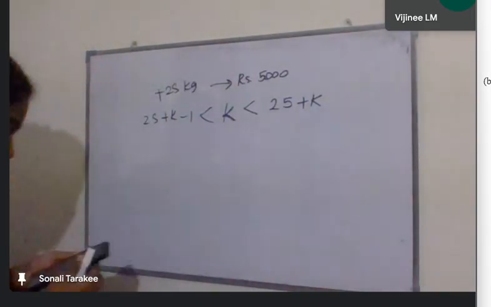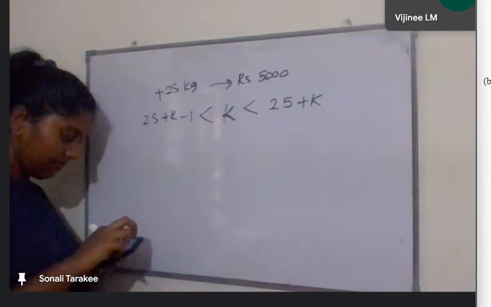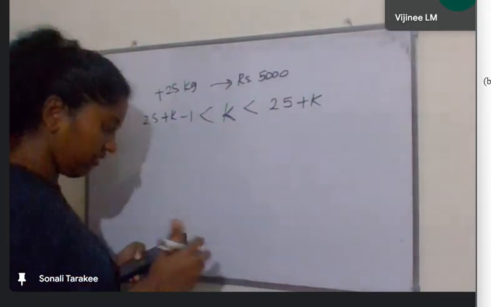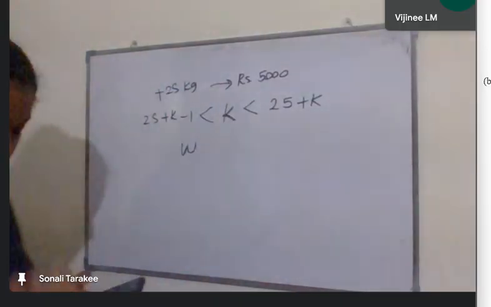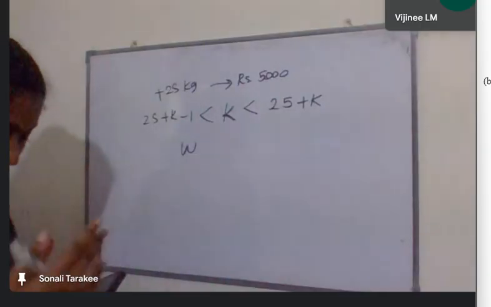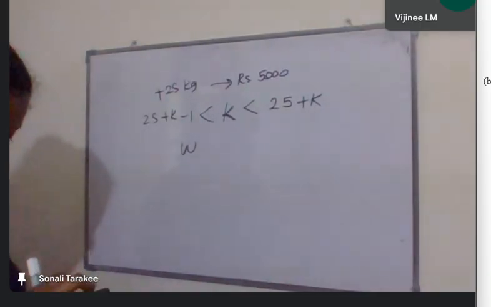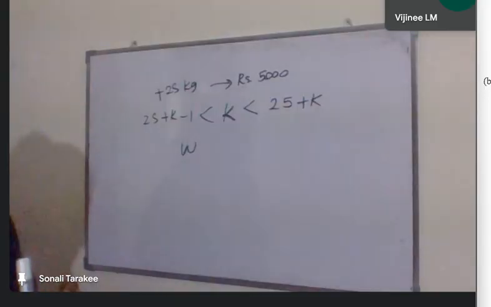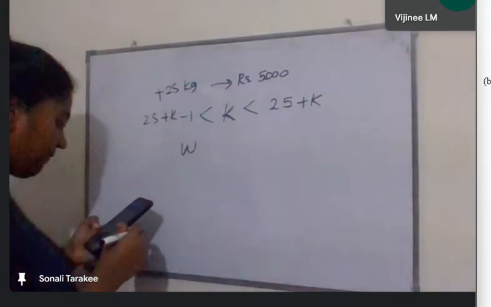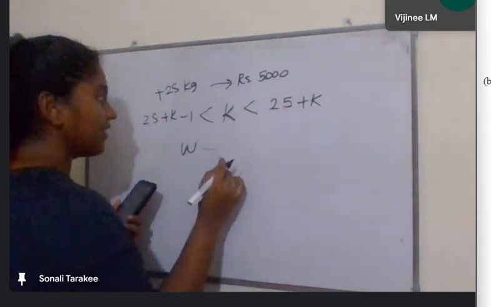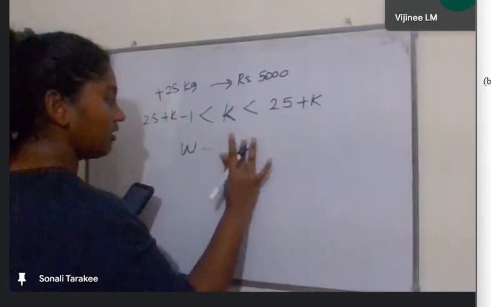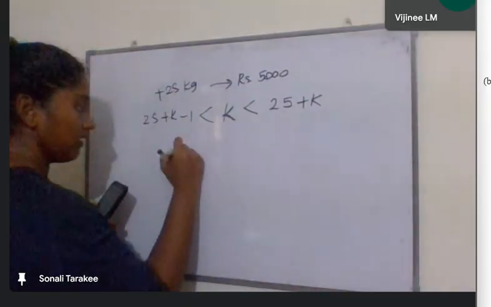Now, the normal weight is W. W is the person's carriage luggage weight. And then how to get the excess luggage?